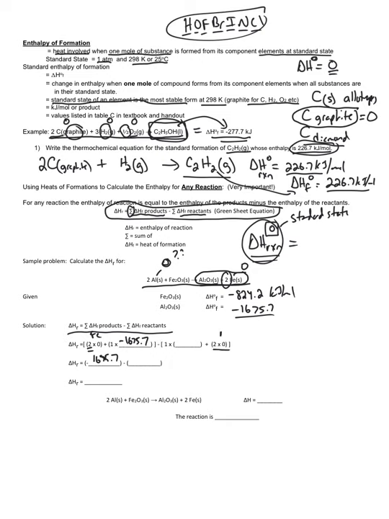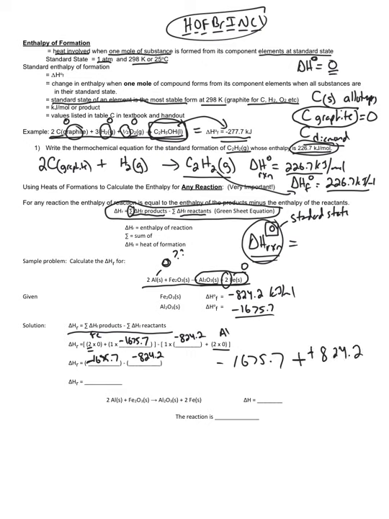The reactants will then summate. The aluminum has a 2 in front of it. 2 times 0 is 0 because it's an element. And we have 1 iron oxide, which is negative 824.2. So summating that, we get negative 824.2. So we have negative 1,675.7 minus, it's a subtraction, a negative 824.2.